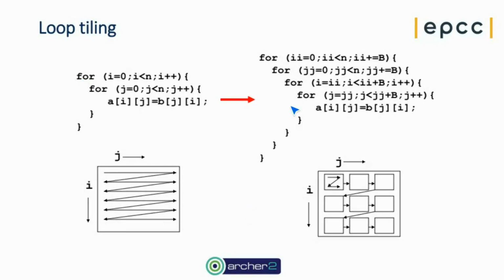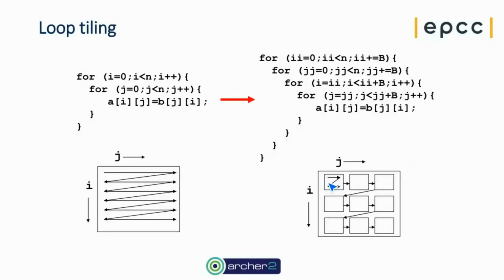So if we block both the loops, then what we're doing is introducing two new loops into the nest. The outer loops go over blocks, and then the inner loops go inside blocks.